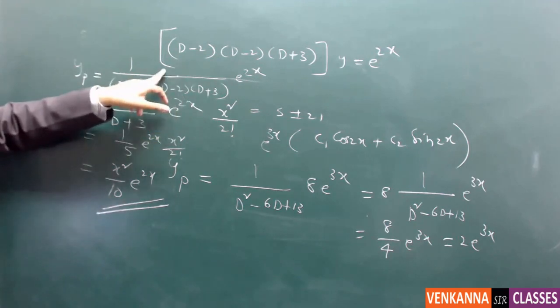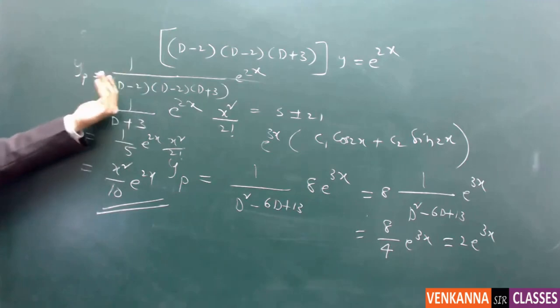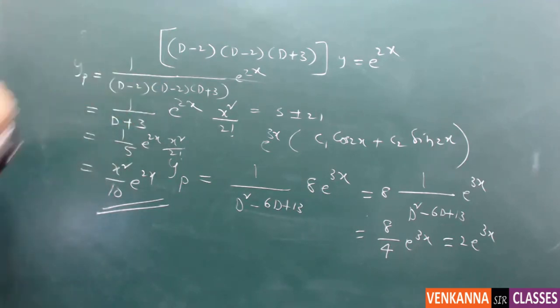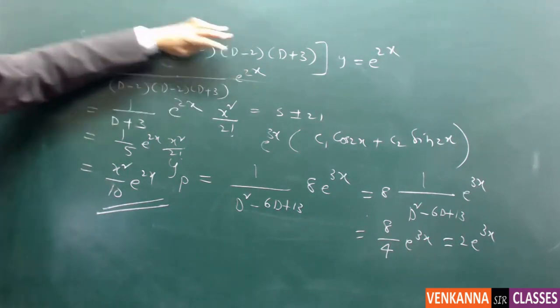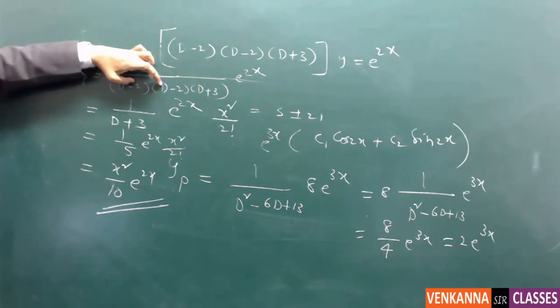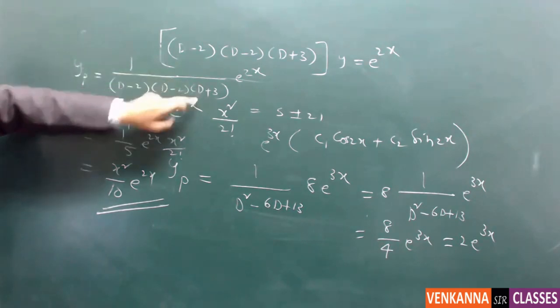After factorizing the denominator, you remove those factors which give the undefined solution. So here, the power 2, if you substitute it in the two factors here, it gives undefined solution. So these two factors we won't consider. We consider the factor just d plus 3.